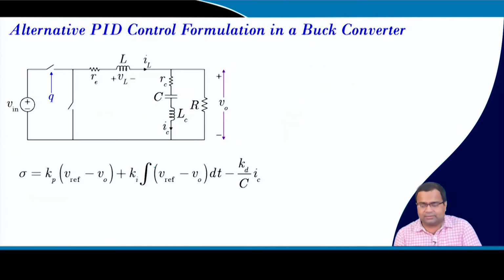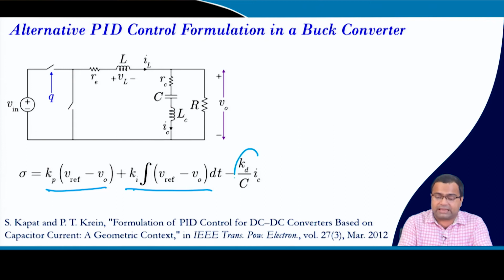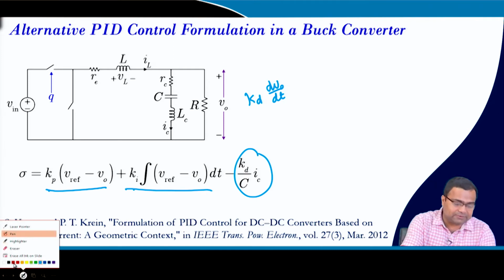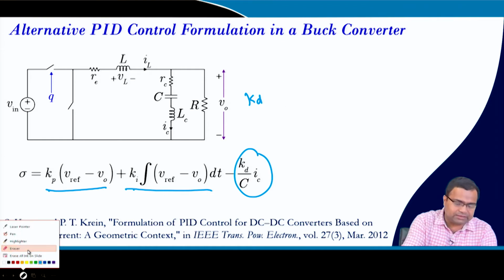So, alternative way, what we did, that we keep the proportional integral same, but the derivative, which was Kd into dV0/dt. We have taken the derivative part because our error voltage is this.